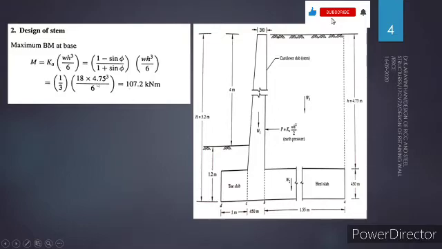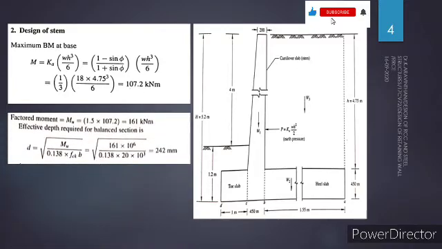If you substitute all the values, W here is given as 18, which is the unit weight of soil, and h here is 4.75 cubed. If you divide this and simplify, you will be getting 107.2 kilonewton meter.